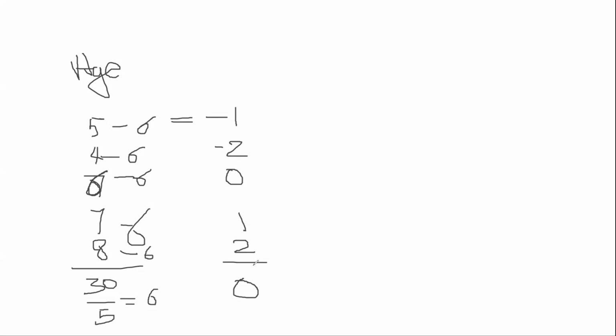Therefore, I'm going to take the square of each. So 1 squared is 1, minus 2 times minus 2 is 4, 0 squared is 0, then 1 and 4. Adding them, 5 plus 5 is 10.